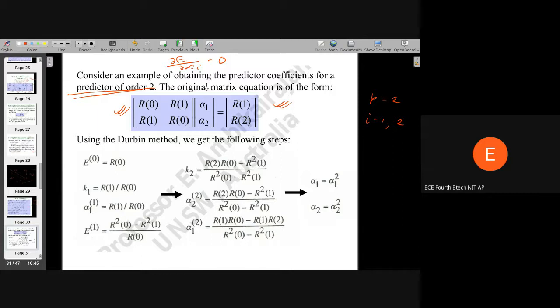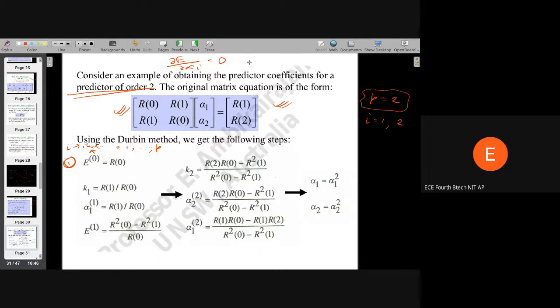So what does the Durbin method say? First, step number 1. This is your I. This is now your iteration, and this iteration will continue from 1 to P, till the number of coefficients, the number of parameters you have to find out.